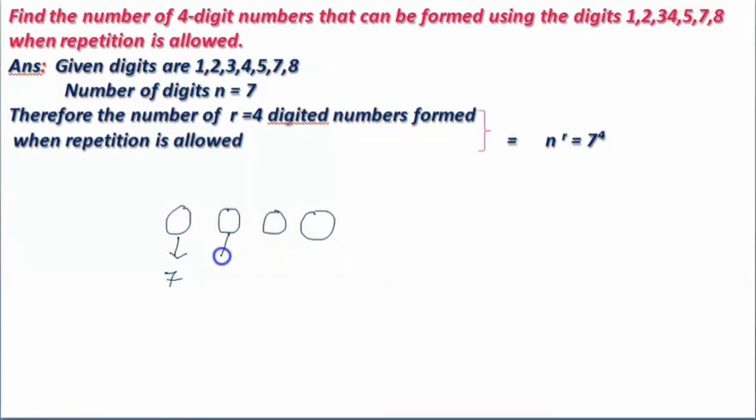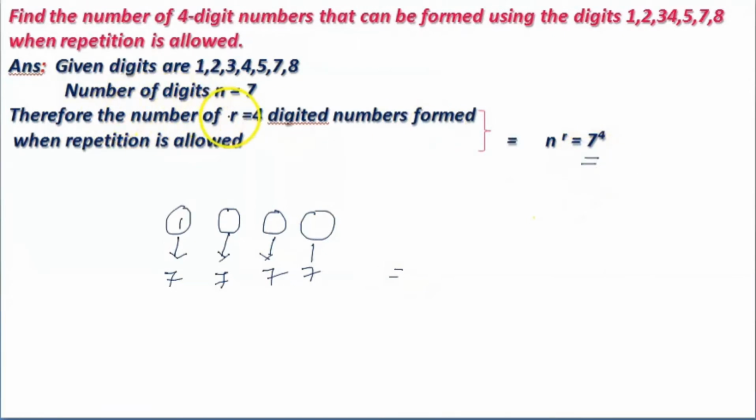Next work is the second place to be filled. Similarly, since repetition is allowed, if you take 1 here, 1 can also be taken here. So it can be done in 7 ways. Third place can be done in 7 ways. Fourth place can be done in 7 ways. So no restriction, 0 is not there. No restriction is given. The direct question is how to arrange 4 places with the 7 digits. It can be done in 7 power 4.